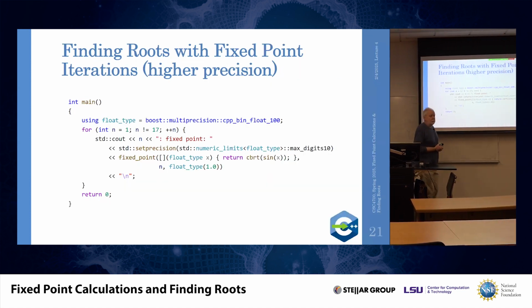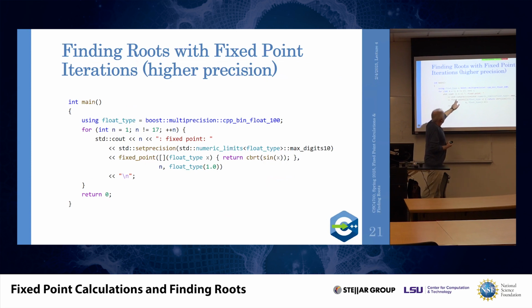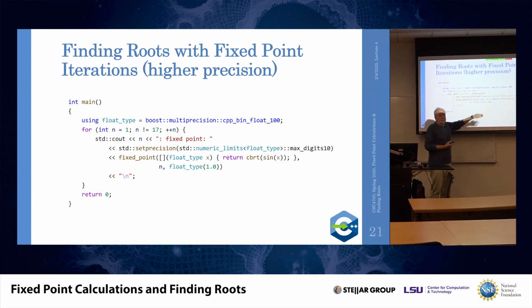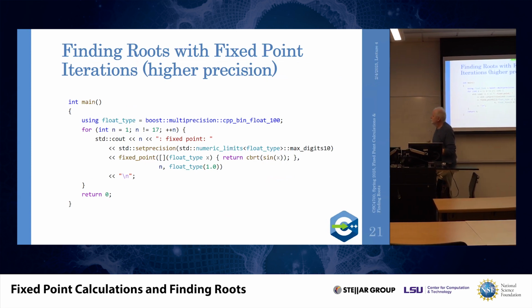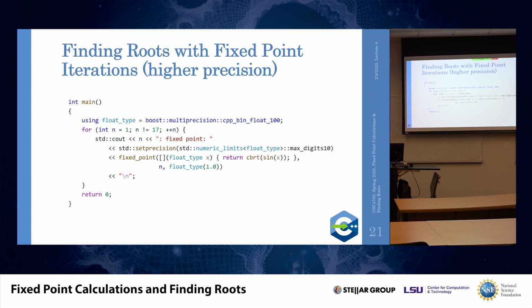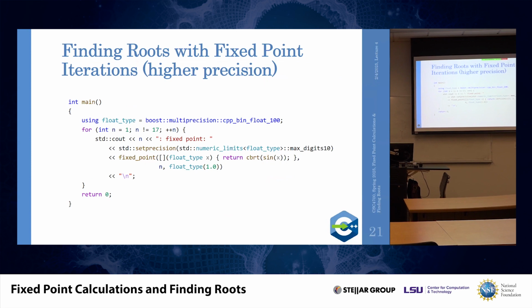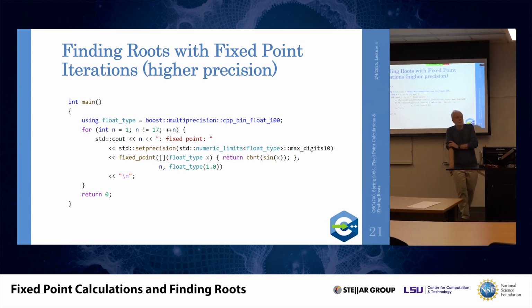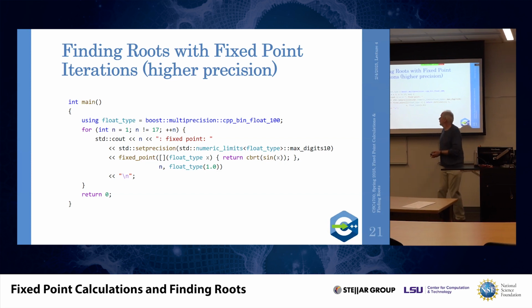One thing I have to mention, look, here I'm using the same fixed point function with a completely different data type. It's not double anymore. It's a CPP bin float 100 type, which is defined completely independently of the C++ standard library. How does that work? Well, if we were using our fixed point algorithm the way I defined it, it wouldn't work.